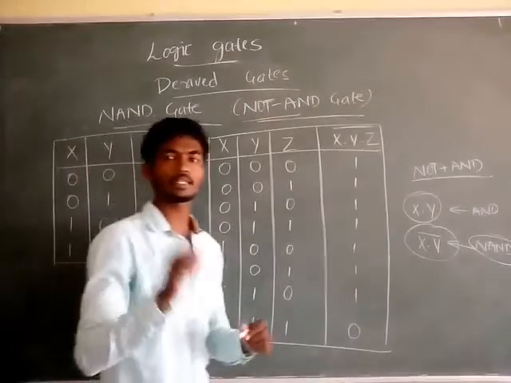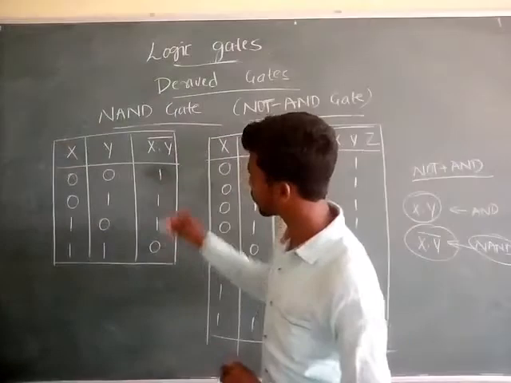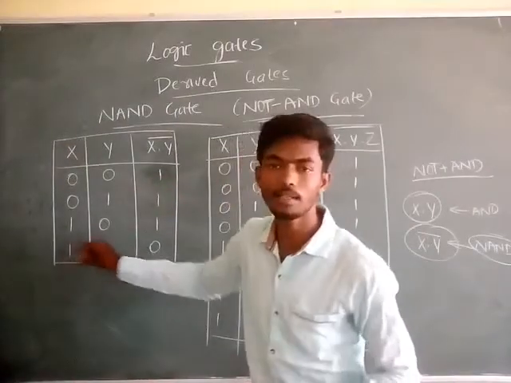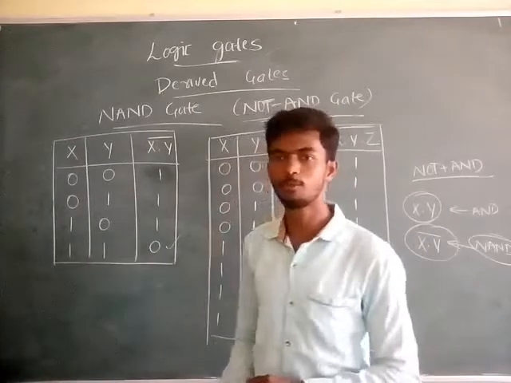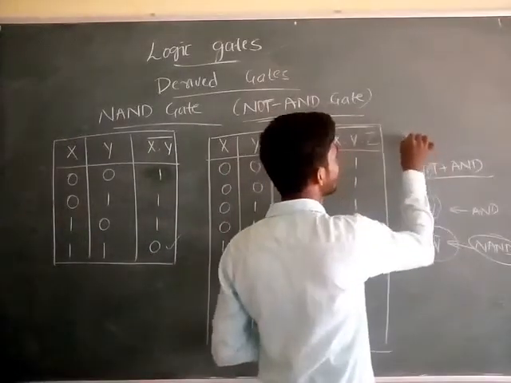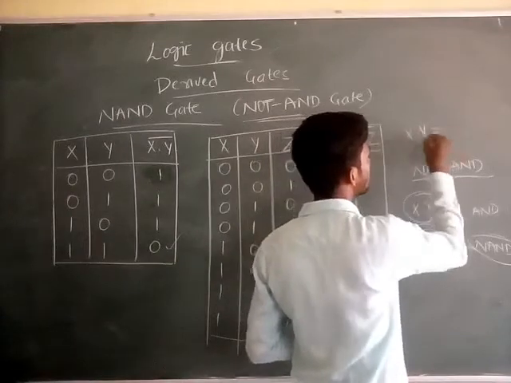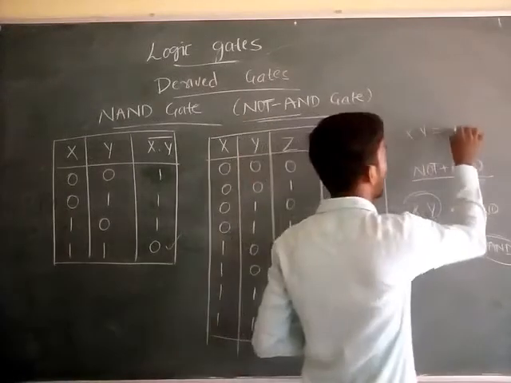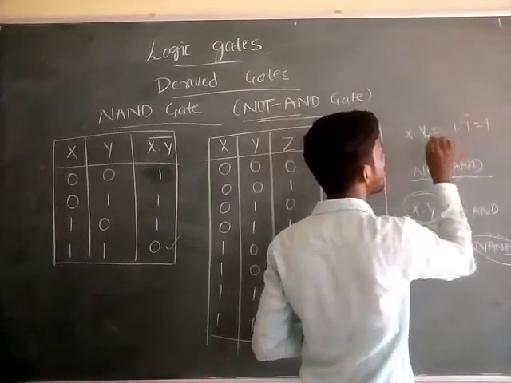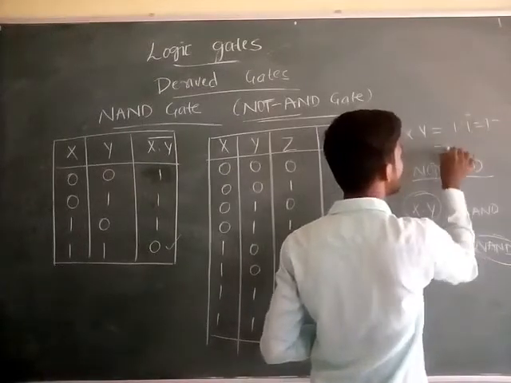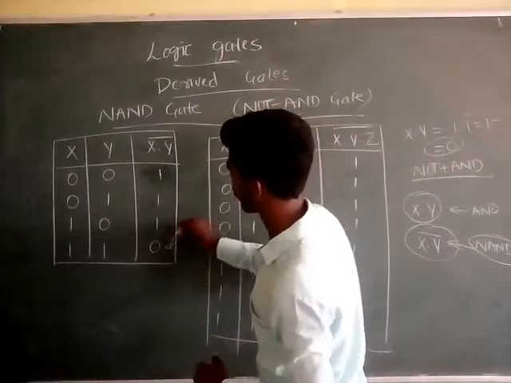The common thing about this truth table is that when X is 1 and Y is 1, X into Y gives you 1, and the complement of this 1 is a 0. That's why here you got a 0.